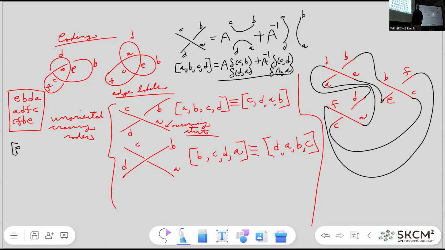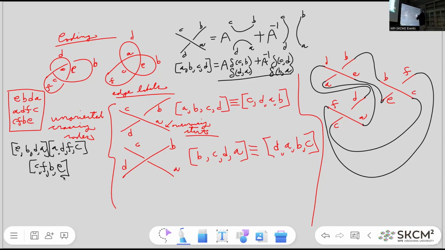You would have E, B, D, A multiplied by A, D, F, D multiplied by E, F, D, E. Then you tell the computer expand these according to a formula like that, and suddenly you have a bigger thing.